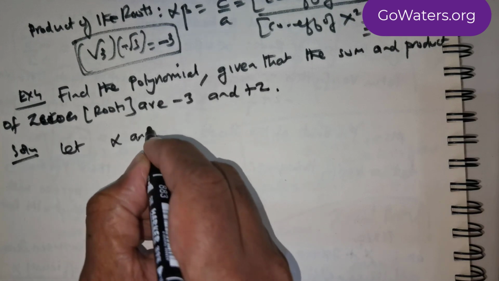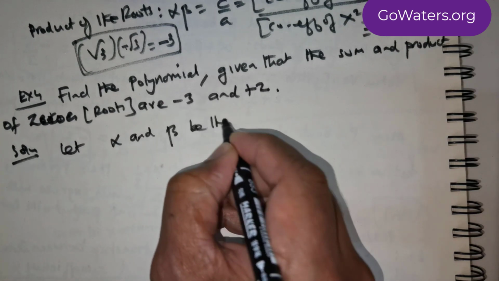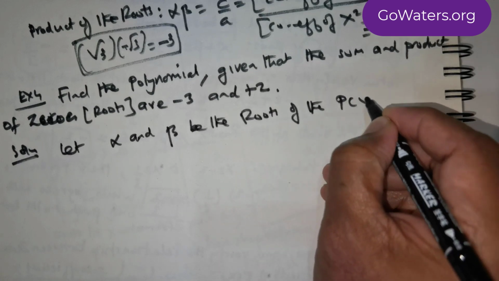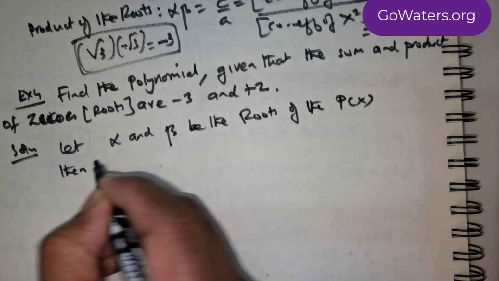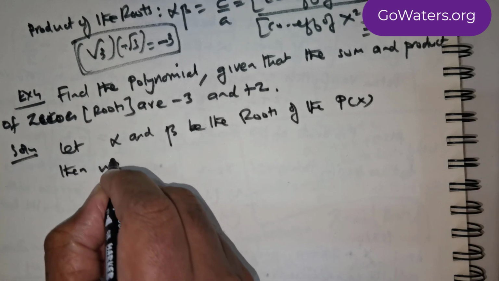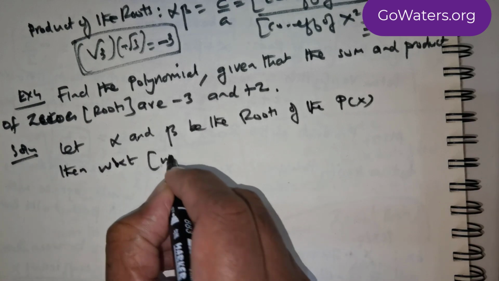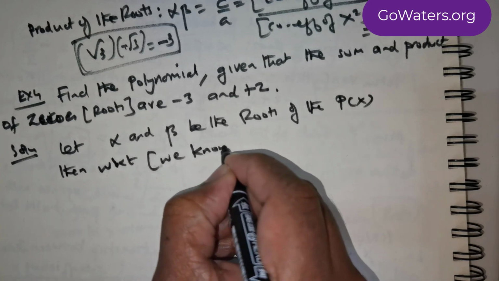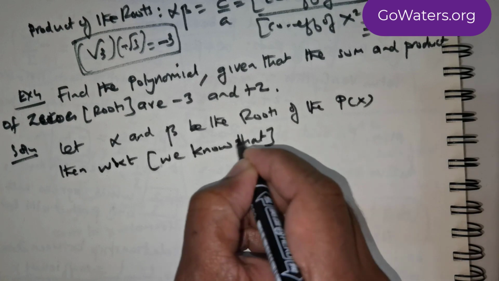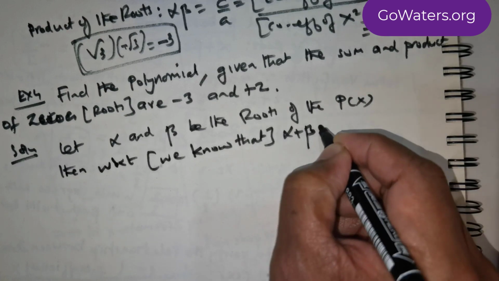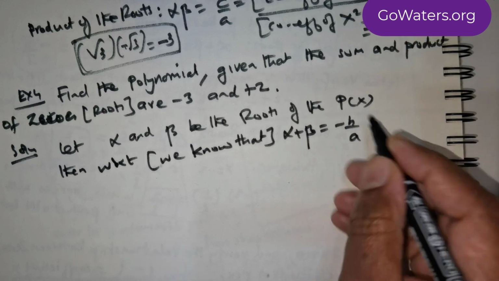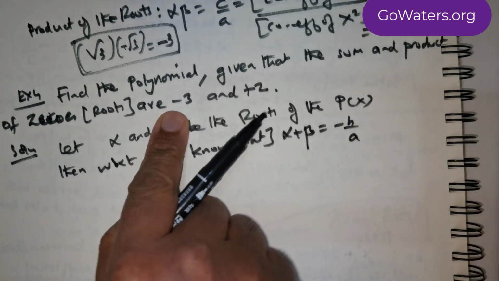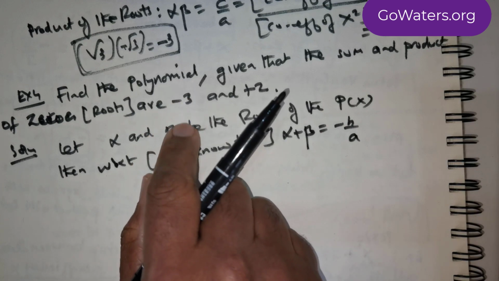Let alpha and beta be the roots of the polynomial p of x. Then we know, WKT stands for we know that. You will have to familiarize yourself in using this WKT. We know that. What do we know? Alpha added with beta is equal to negative b over a, and that is actually given to us, right? Two roots are actually given to us.